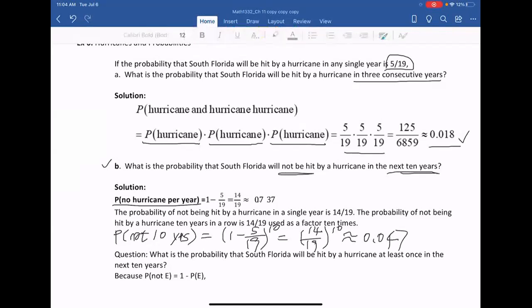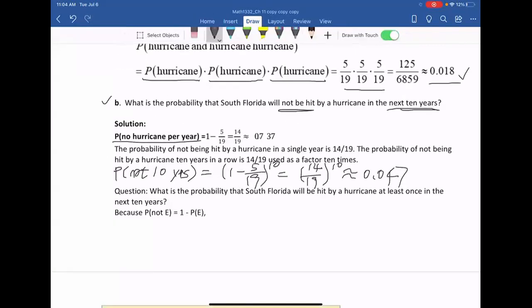Okay, here is a good question. What is the probability that South Florida will be hit by a hurricane at least once in the next 10 years? If you see at least once in the next 10 years, you might be confused. So what should I do?